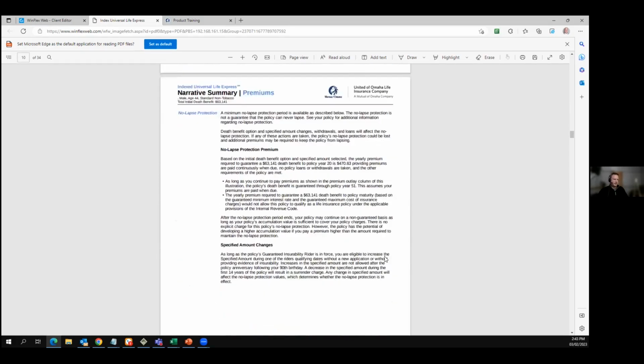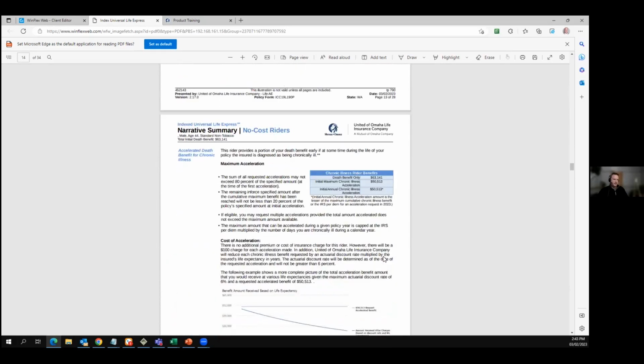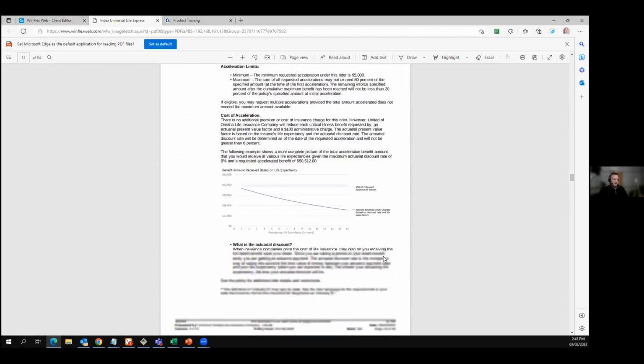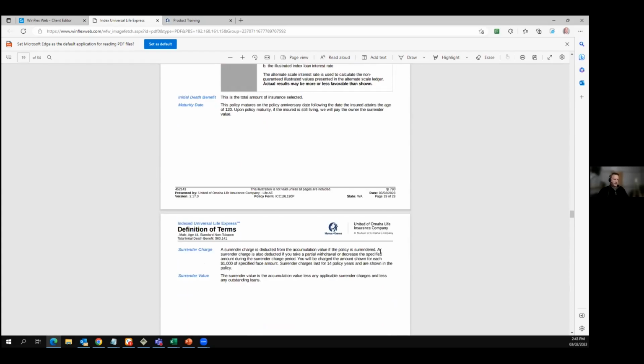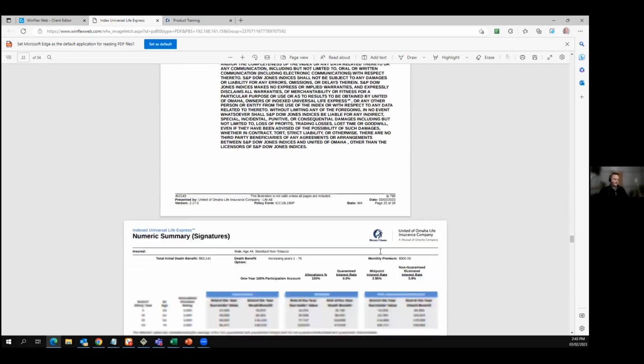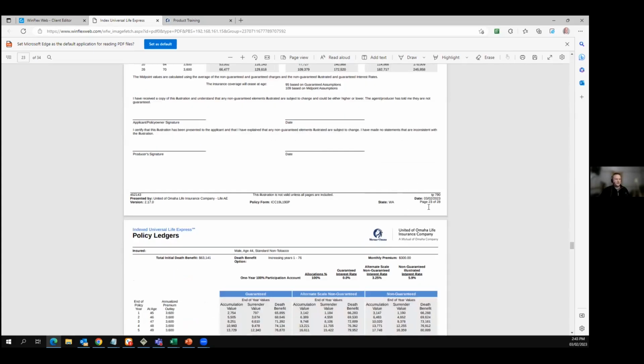It depends a little bit on the state, but it should be right around there. Then it goes over a lot of the different benefits, no cost riders, and the signature page. This is where they'll have to get a signature on anything that's not easy solve. So page 23 on this illustration.